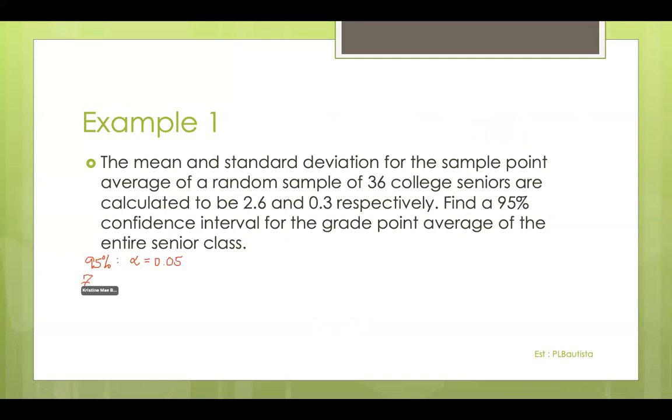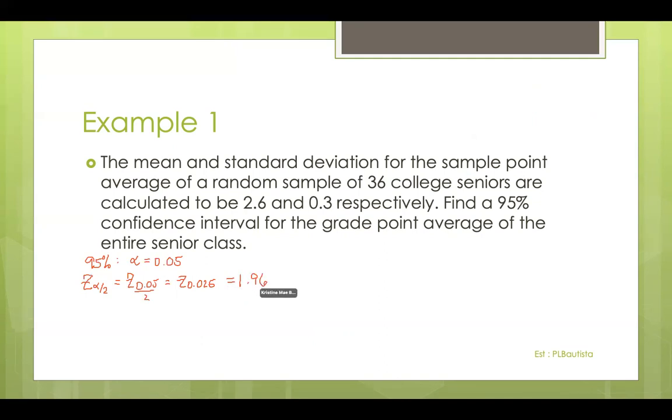And z of alpha over 2 would be z of 0.05 over 2, which would be z of 0.025. Again, z of 0.025 refers to the z value with an area of 0.025 to the right. So what you are going to look for in your z tables is the z value with an area of 0.975 to the left. And this value is 1.96.